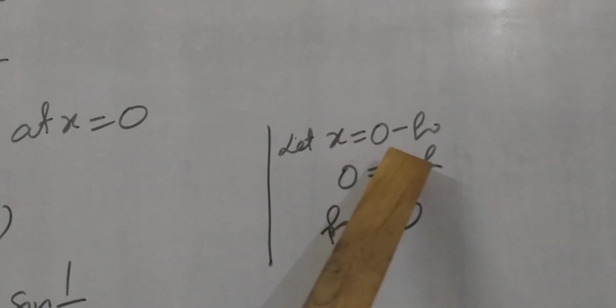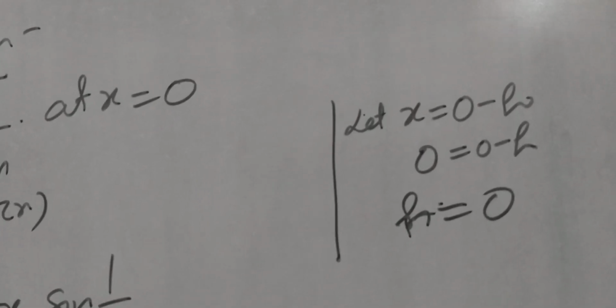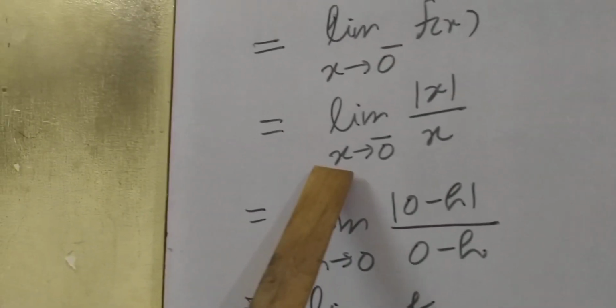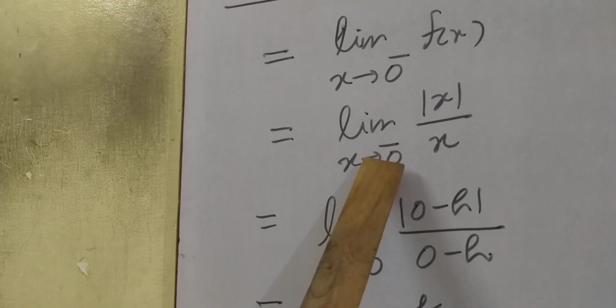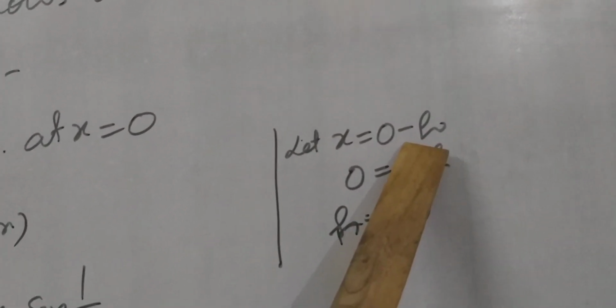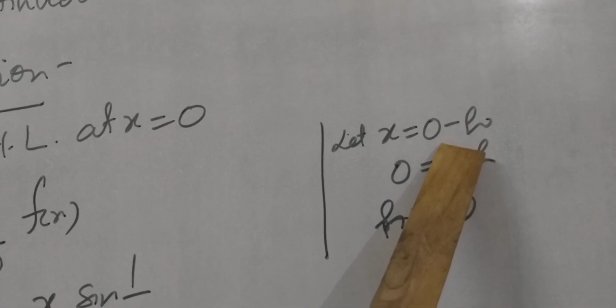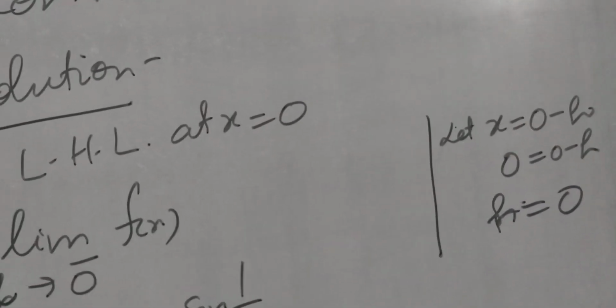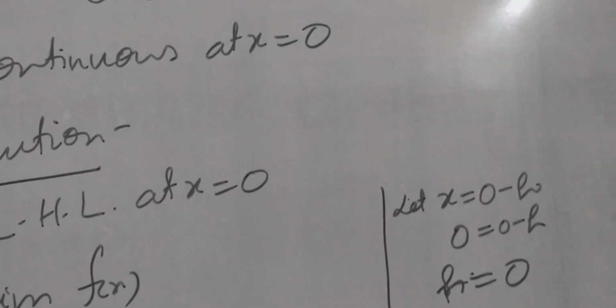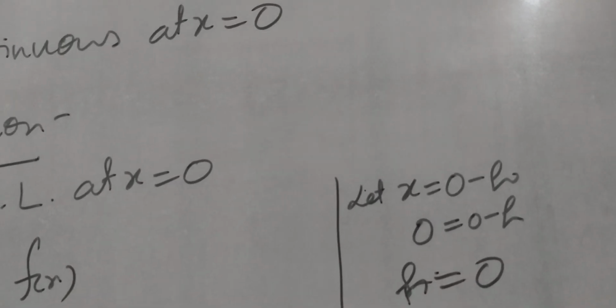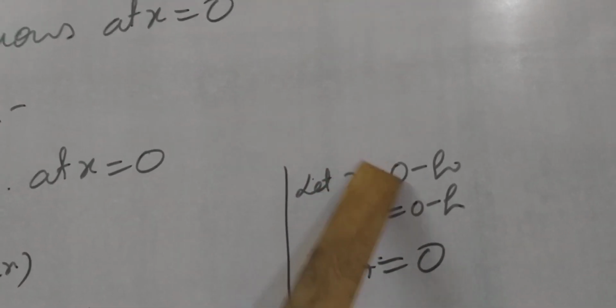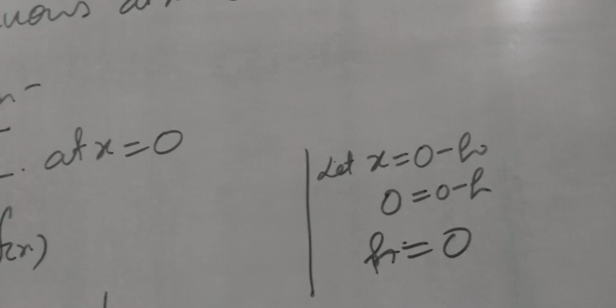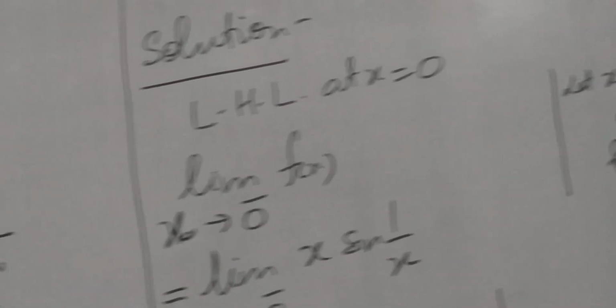Now students, we are going to suppose x equal to 0 minus h, because I told you we have to take a value little bit less than 0, and h is a very small value which is greater than 0. Put x equal to 0 minus h, correct?